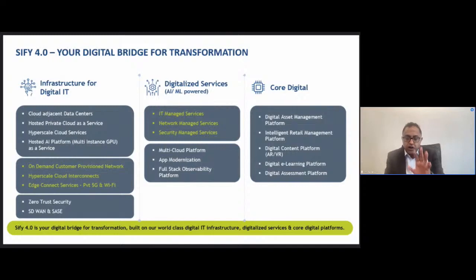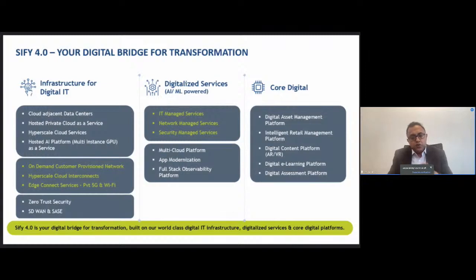Because if we don't make the IT services efficient, if our service management and service assurance platforms are not making your operational efficiency high, not giving you better MTTR or productivity, then the dream of using multi-cloud through the cloud management platform, taking the app to the next level of modernization, and then using full stack observability to bring down your RCA, which will give you the next step towards a digital IT, will get a pause or a halt.